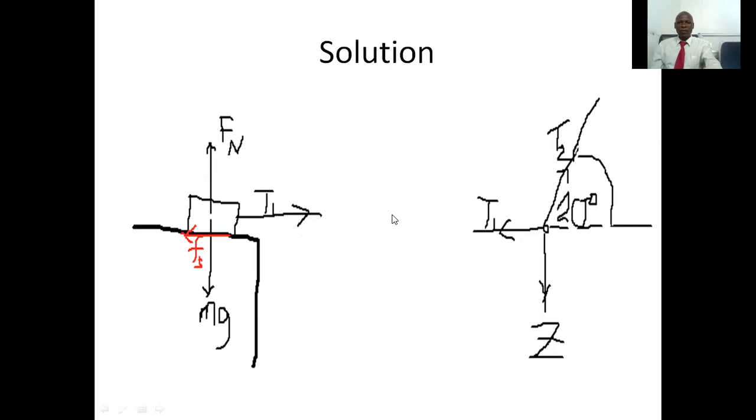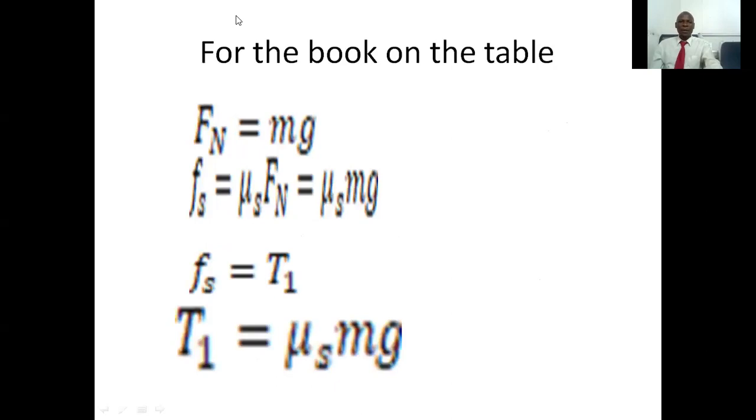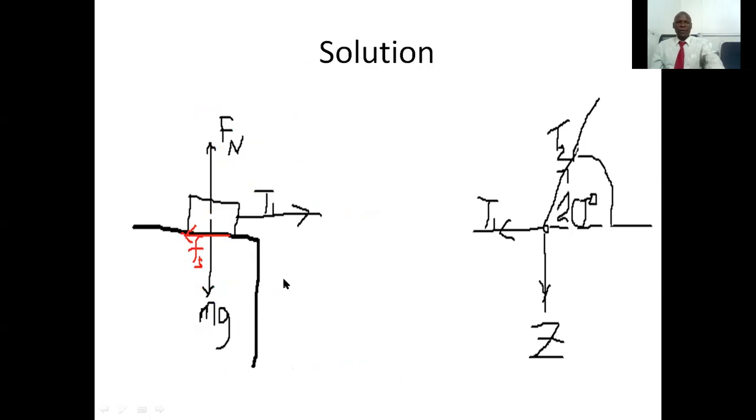So you add all the forces in the x-axis, and they should equal 0. And add all the forces in the y-axis, and they should also add up to 0. For the book on the table, we have already explained that the normal force is equal to mg. And the friction, which we saw here, is opposing T1.